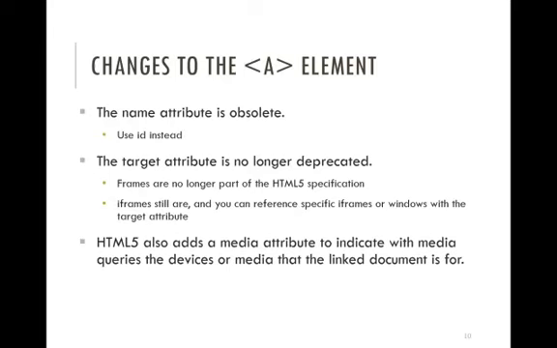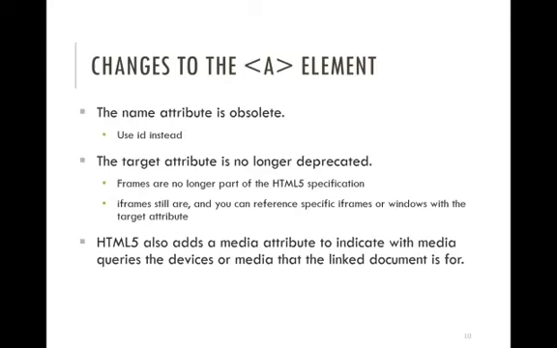So a few changes to the A element is that the name attribute is now obsolete. We use the term ID instead. The target attribute is also no longer deprecated, and the frames are no longer a part of the HTML5 specifications. Iframes still are, and you can reference specific iframes or windows within the target attribute.